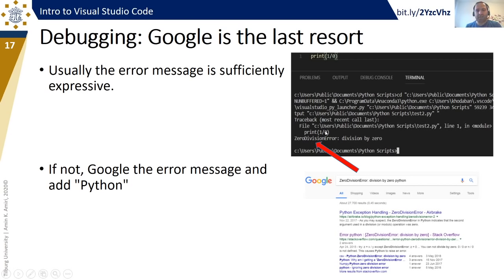It is highly probable that you figure out, oh, the problem is that I'm dividing a number by zero. But even if you cannot understand this, copy and paste the error message in Google and add Python. Then you see many hits. Google retrieves many hits, and usually stackoverflow.com gives you good responses. It shows you how to resolve the issues.